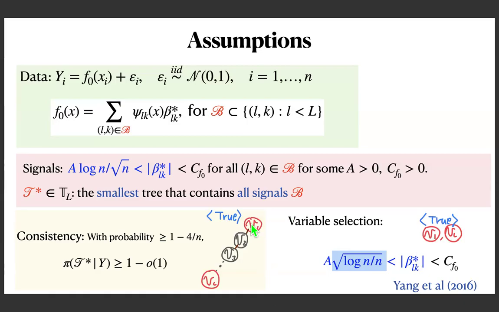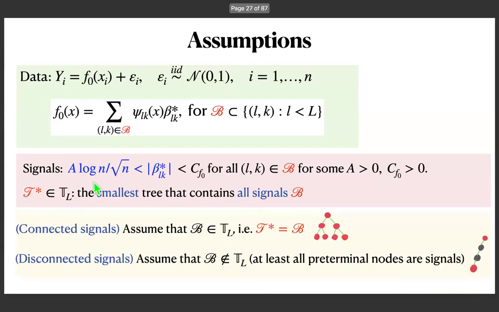But for us, because of the tree shape restriction, when we include VL, we also should include all the unnecessary noise in between, and that should be covered. Even after including it, there should still be an increase of the posterior. That's the reason why we have a square root log n times more signal strength requirement.